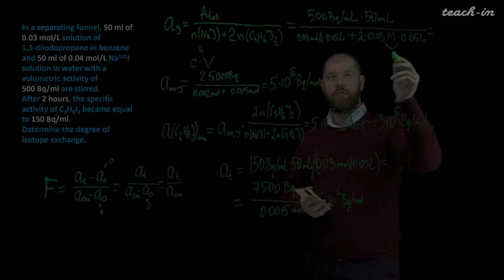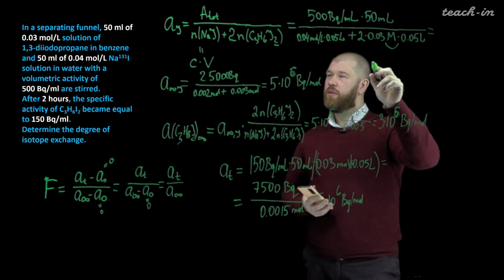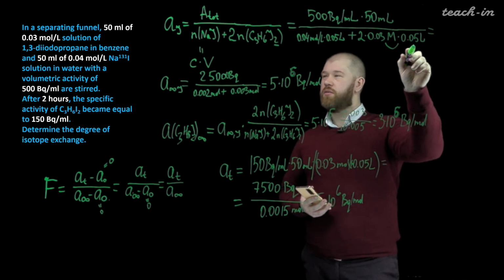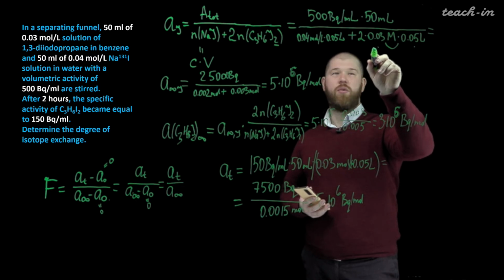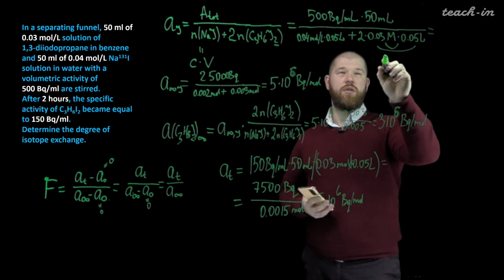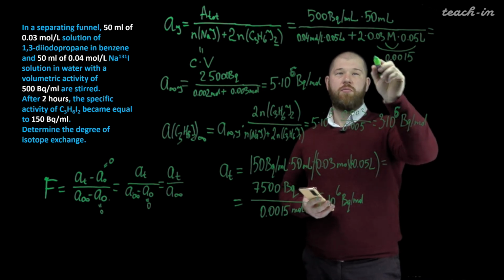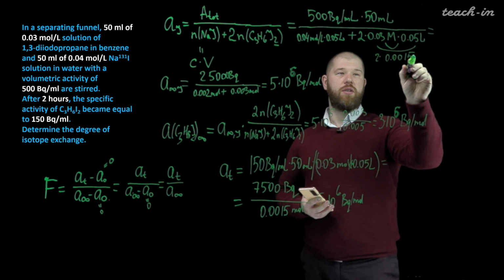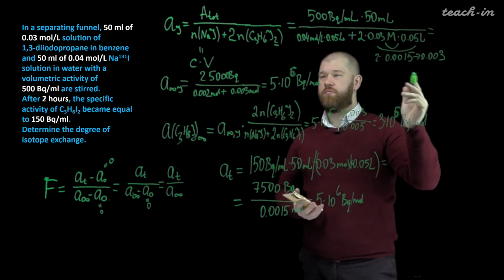Let's calculate it again. So 50 milliliters of 0.003 moles. It will be 0.0015 multiplied by 2 will give us 0.03. Okay.